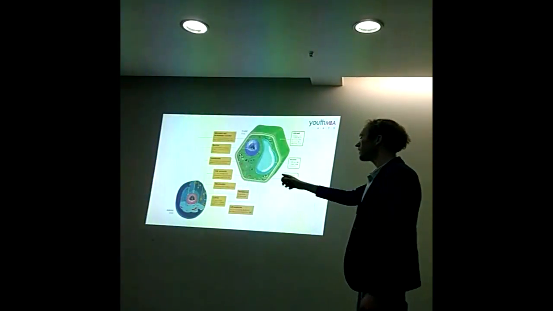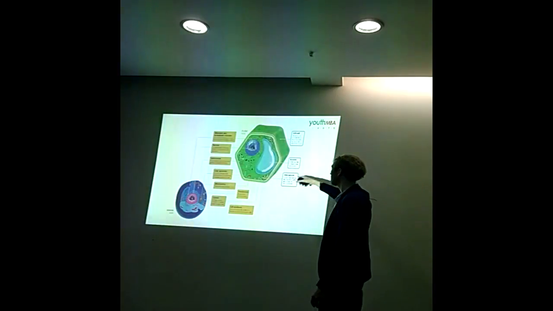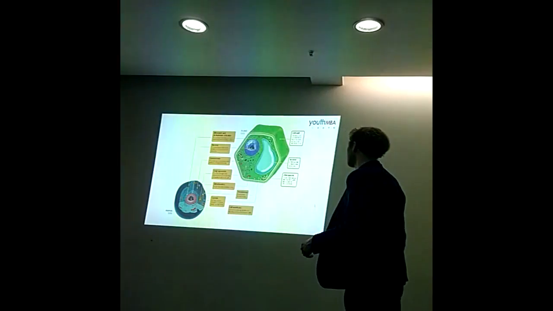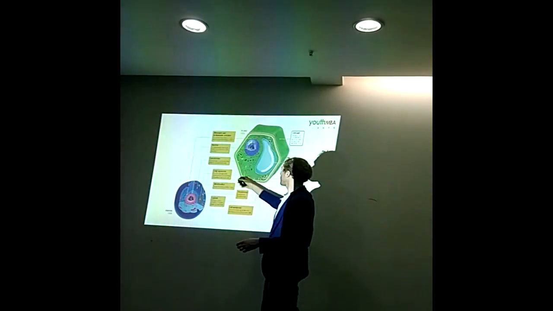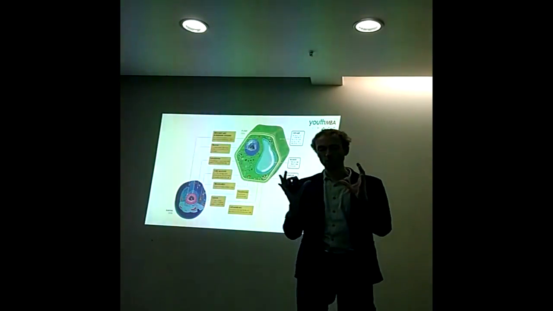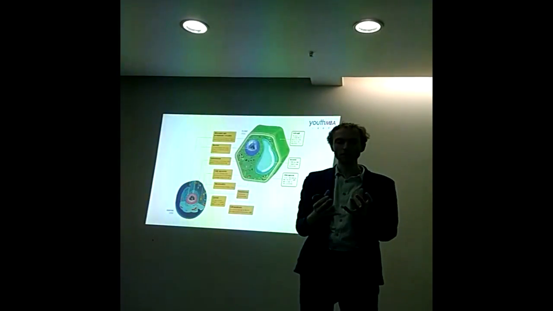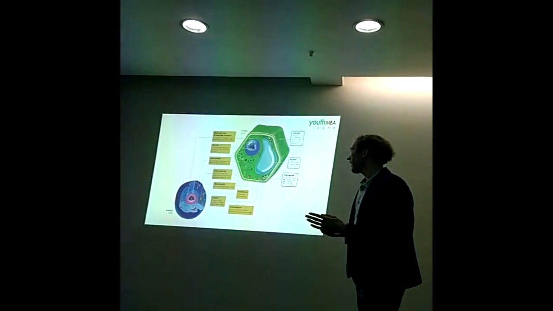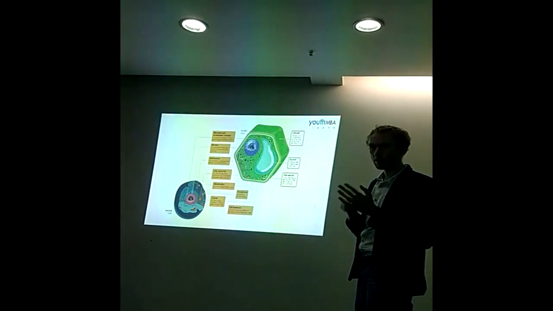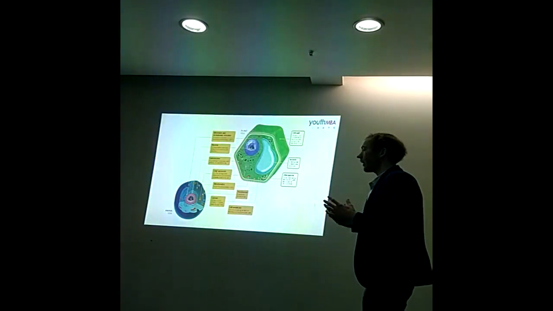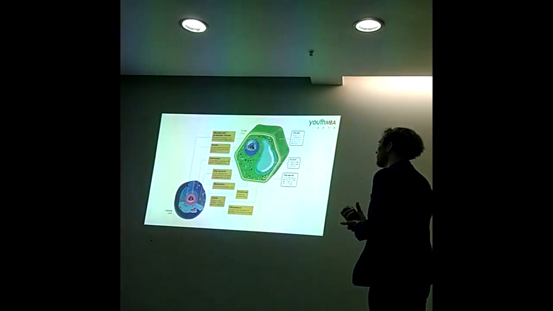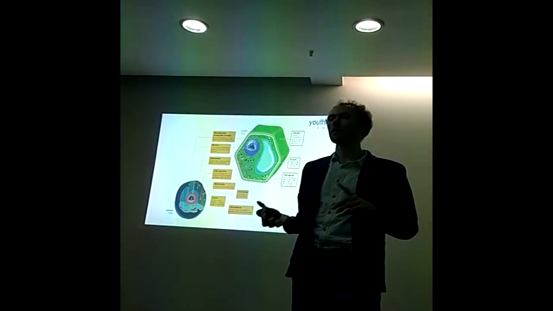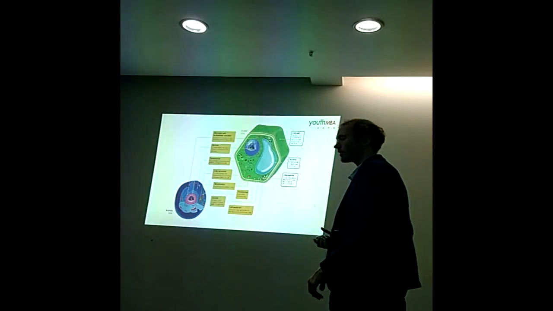Yeah, so this is an animal cell and this is a plant cell, and these are three differences. Number one is a cell wall. You see the strong structure around the cell which keeps the shape, which keeps the tree standing, which keeps the leaf in a specific form, and it's hard, you cannot break it easily. Then we have a vacuole, which is something like a large bag full of water and nutrients inside of the plant cell.